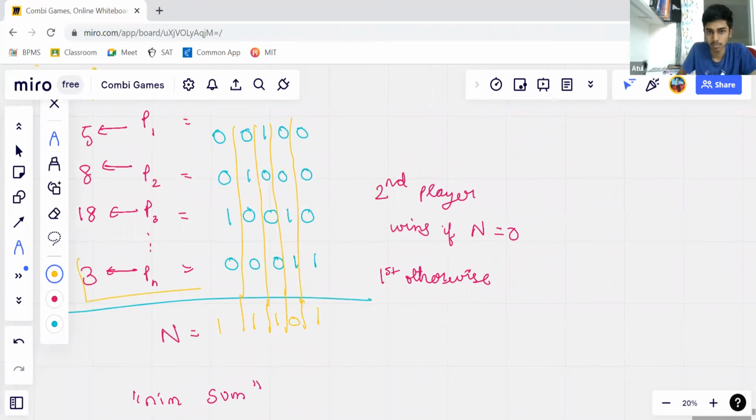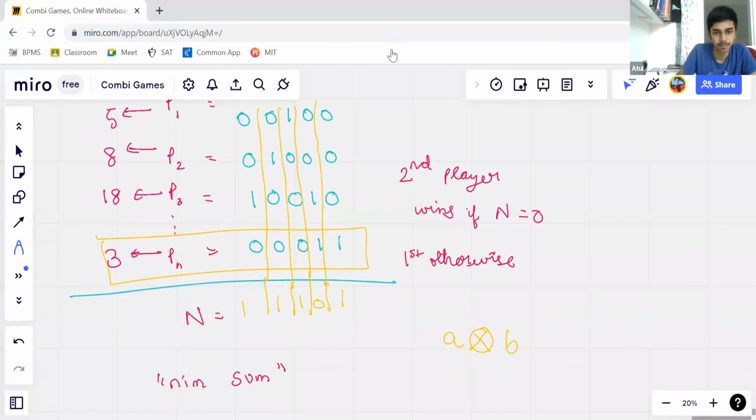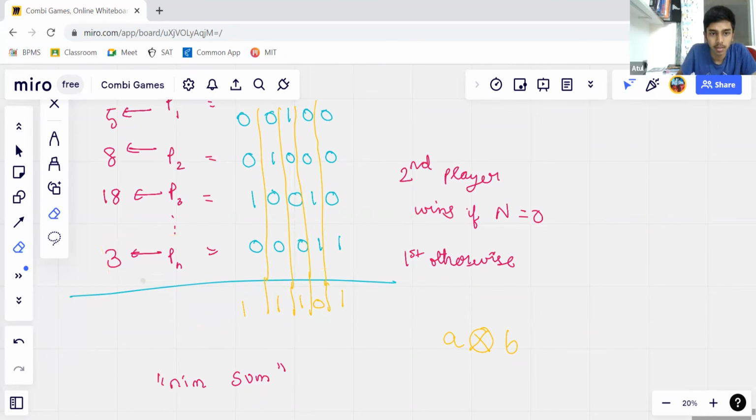Suppose you're operating on this pile. Also, the symbol for XOR is like this. But I'll try not to use it because it looks a bit too fancy, although I think it's easier. But that's not the point. What is this number?